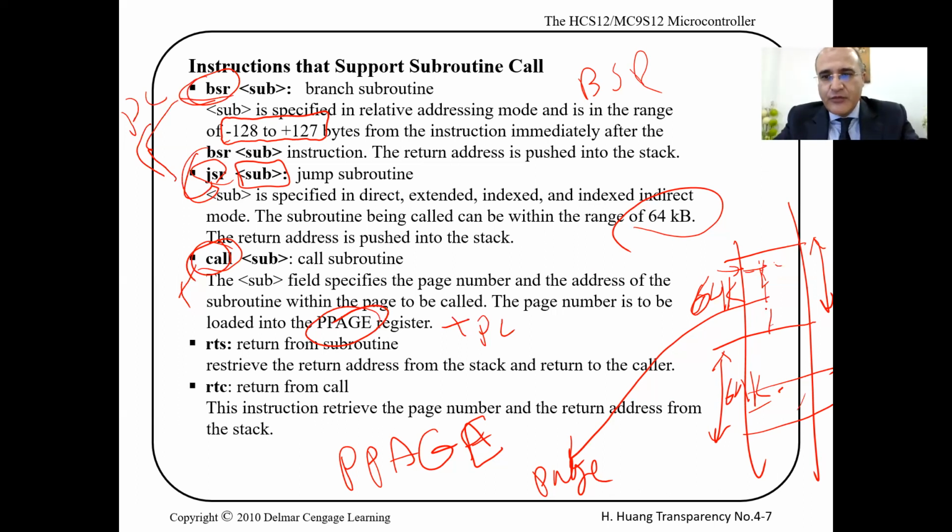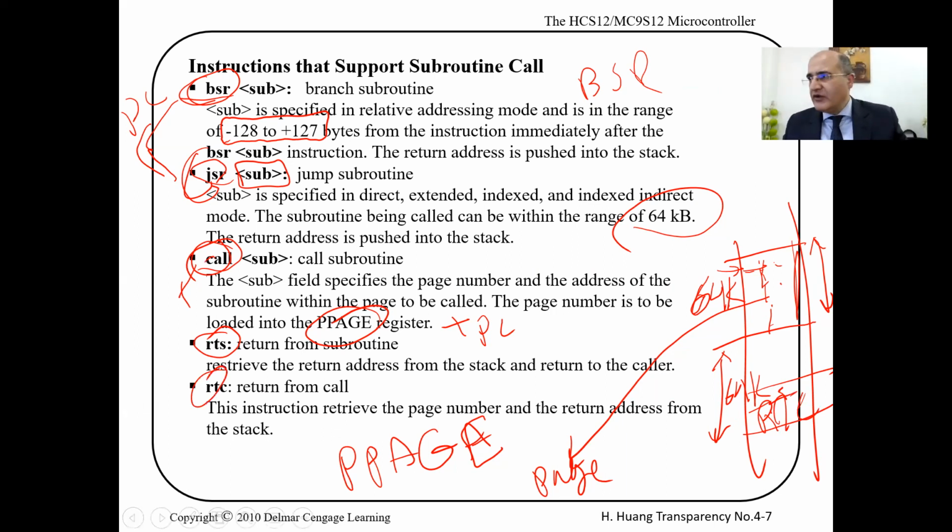The return from subroutine within the same page is RTS. If you went to another page to execute a subroutine there through a call, you return by RTC. Why are they different?